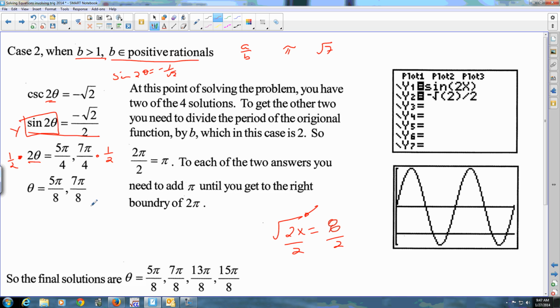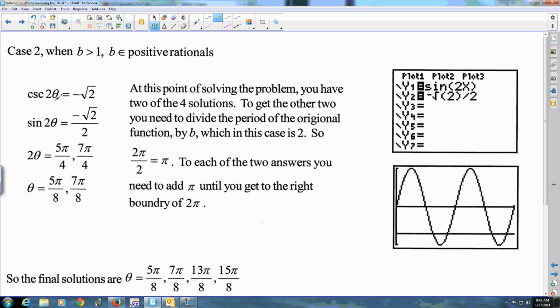Now you're not finished. But let me go back and review with you what I just did. I cashed cosecant in for sine. Then I asked, where is your sine equal to negative square root of 2 over 2? Where's your y value? Negative square root of 2 over 2. And just like in the one I did in the previous page, your y values are negative below this horizontal axis.